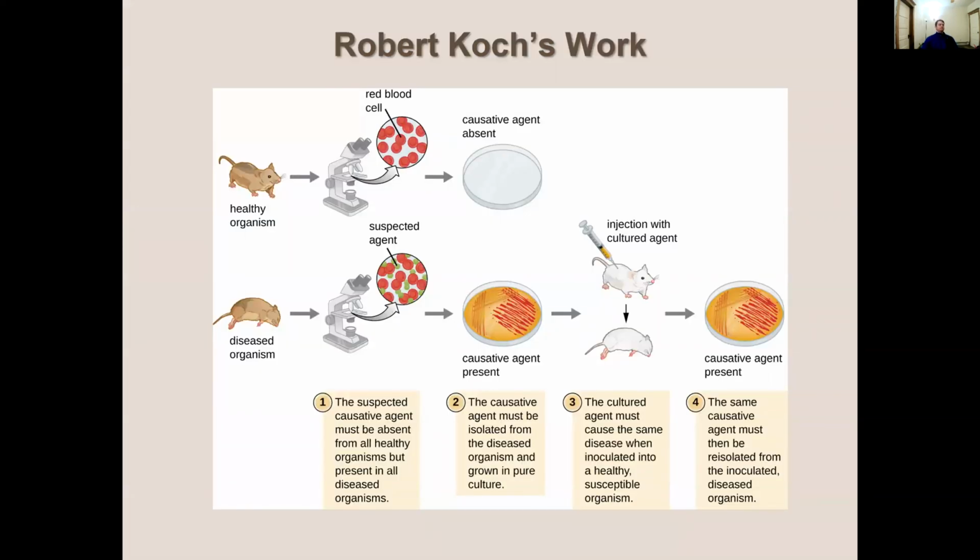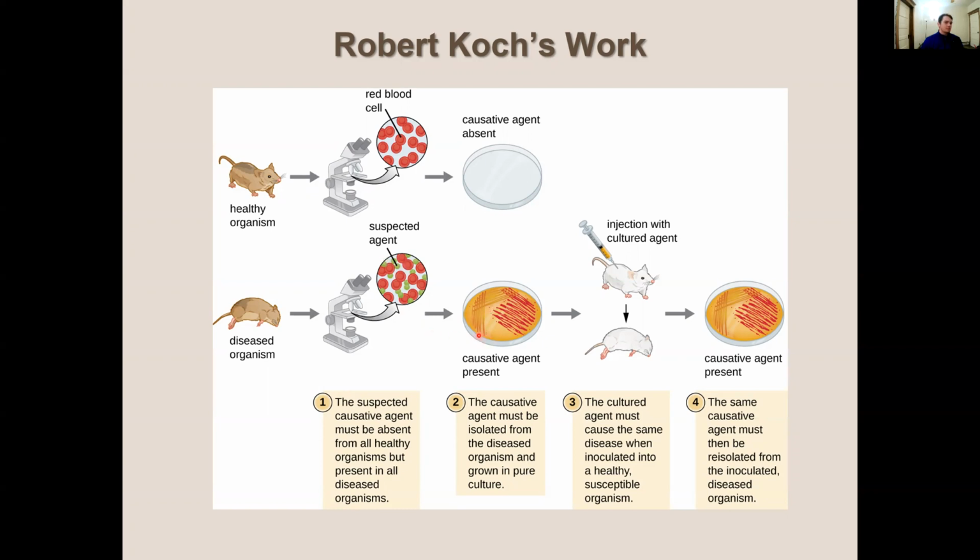But essentially, what Koch did is he saw that sick animals had bacteria in their blood. That was not enough to prove that the bacteria was causing the disease, right? So he saw a healthy organism, took a sample of the red blood cells, and found that the suspected causative agent was absent. Then he took a deceased organism and found that the causative agent was present.